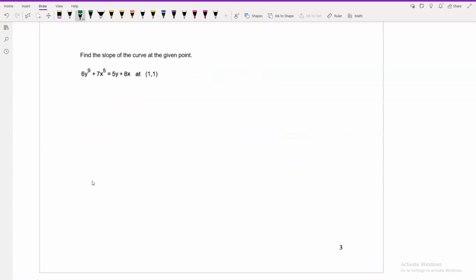Find the slope of the curve at a given point. We will use implicit differentiation to find the slope.